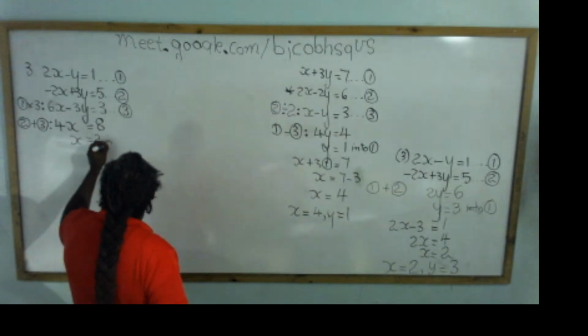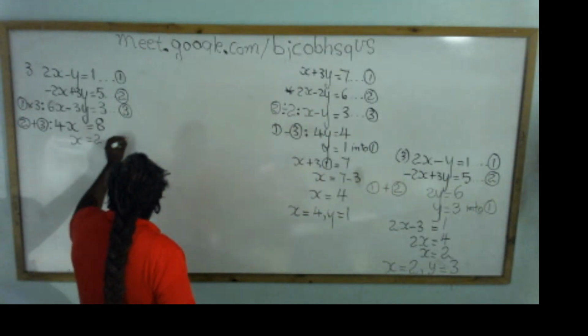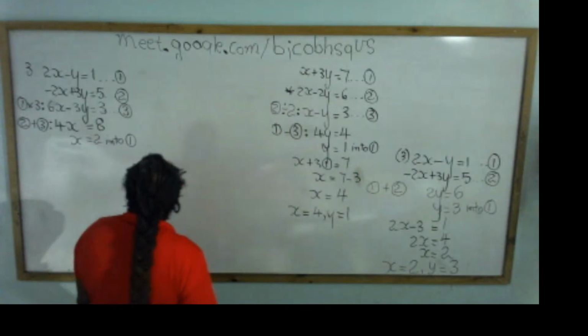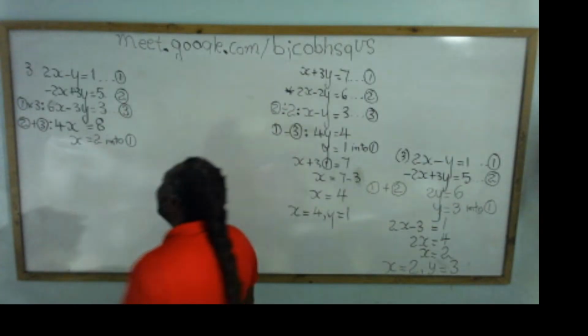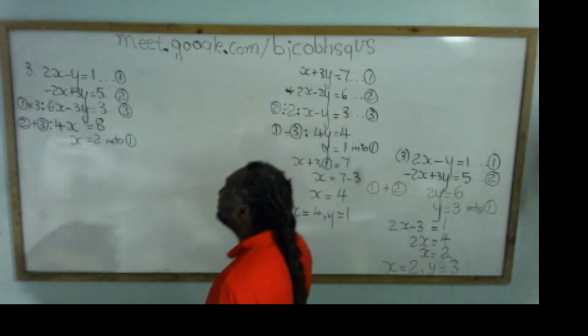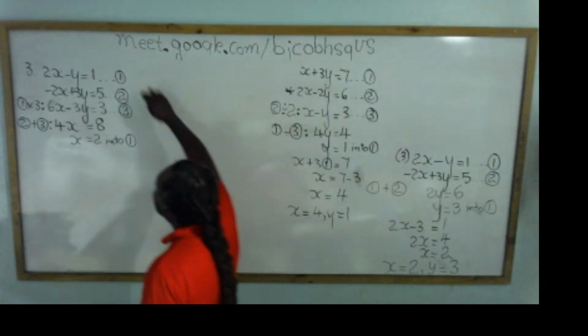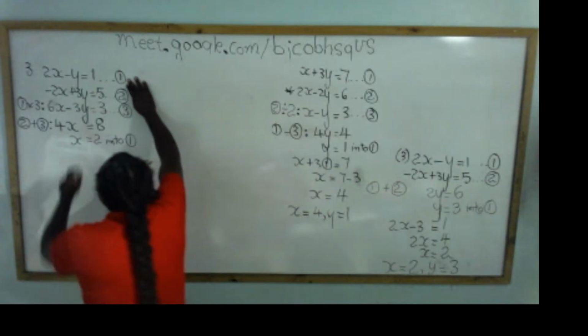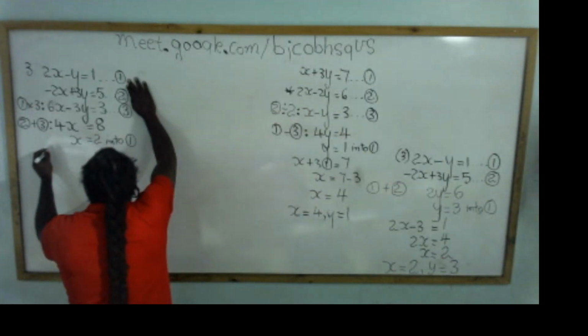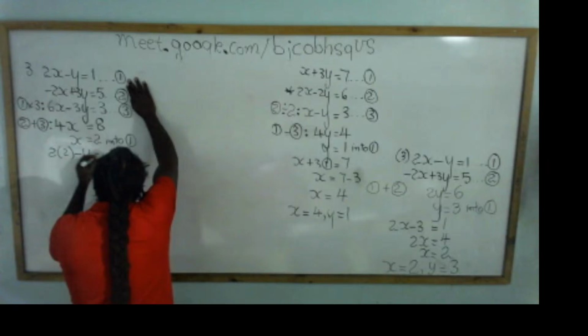And we're going to put that into equation 1. X is equal to 2, and we put that into equation 1. Where we see x, we put 2. 2 times 2 minus y is equal to 1.